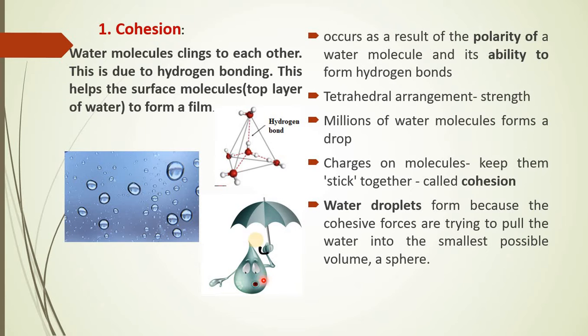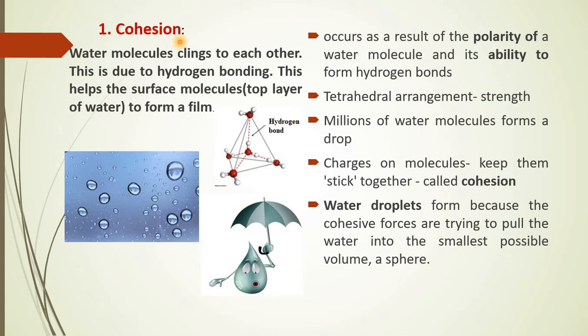Therefore, the charges of the water molecule are responsible for making them stay together for a longer time, and this property is defined as cohesion. Thus, what you can remember from the slide is that the cohesive property is that property of water which enables a large number of water molecules to stay together.